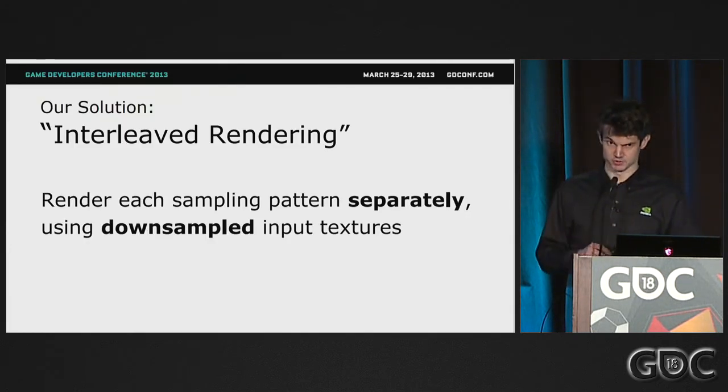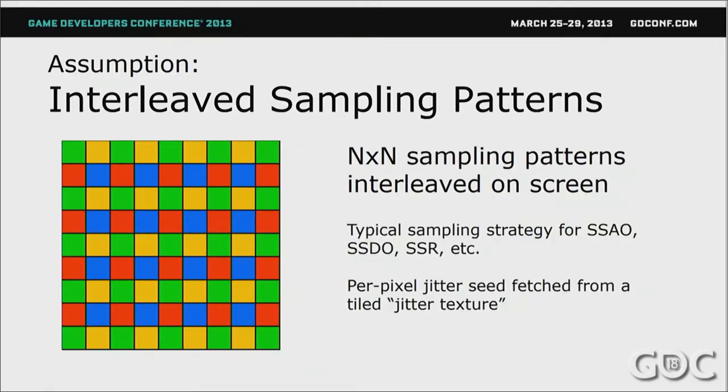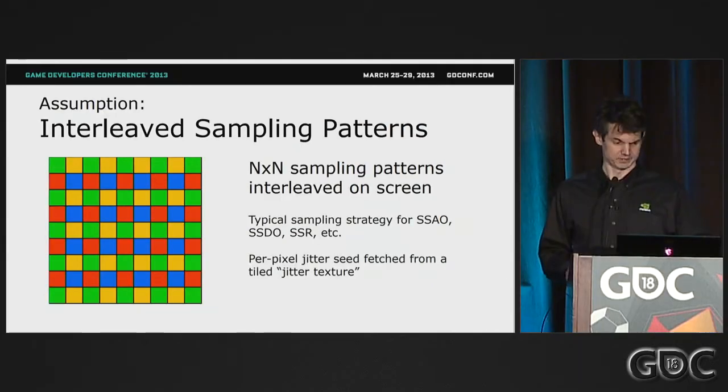And the easy solution to fix the L2 high SOL is interleaved rendering. It is rendering the sampling patterns separately. Instead of doing them all at once in one full screen quad, the idea is to exploit the fact that the sampling patterns are repeating in a tiled way, and to process the jitter seeds in separate passes.